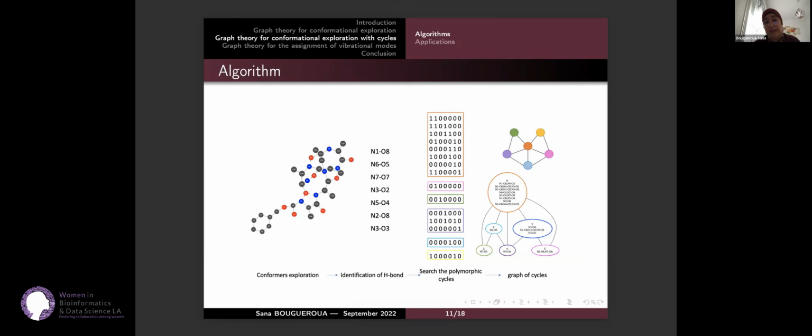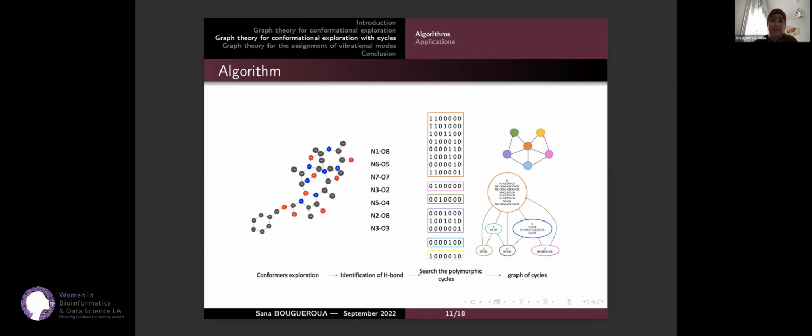Then, once we have the cycles, what we have observed is that some of them play the same role in the molecule. They more or less have the same impact on the 3D structure. So we got the idea to apply what we call polymorphism.